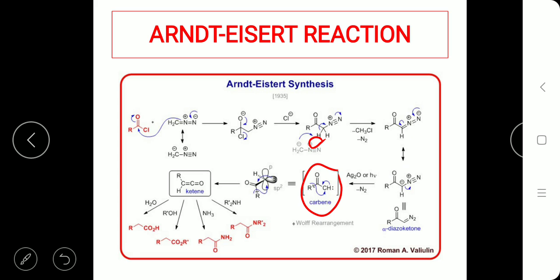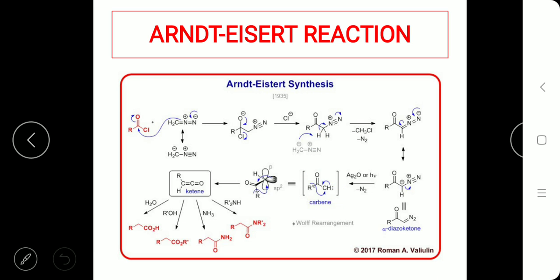Now we know a carbene is a carbon having a lone pair, that is an electron pair, and which is bonded to a carbonyl group here. So whenever there's a carbon having a lone pair on it, it is always called a carbene.